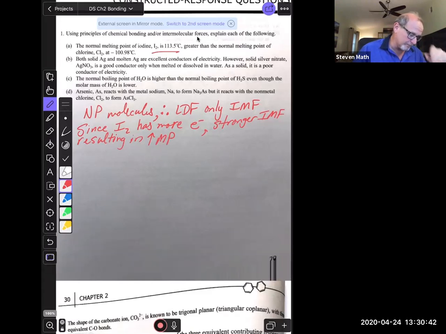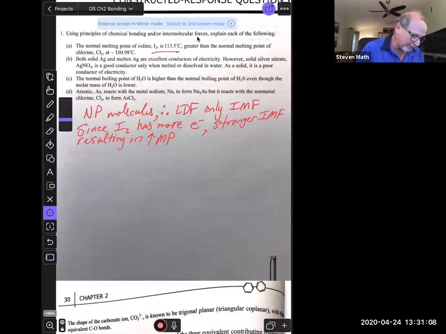So we don't have to state the melting point at the beginning. It's a good thing to bring it back at the end. It wants to know, why is this happening? It's happening on a molecular level, a bonding level. These are both nonpolar. That's my bonding answer, okay? And therefore my IMF answer is they're LDFs only.